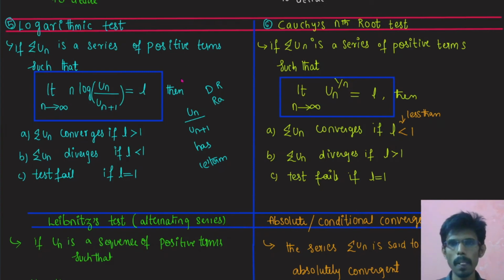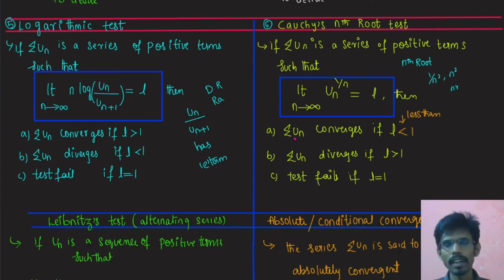See here, we have un power 1 by n, meaning the series should contain an nth root, like 1 by n square, n power 2, n power 4, like that. The series should contain the nth root of the test. Then we go for this Cauchy's nth root test.